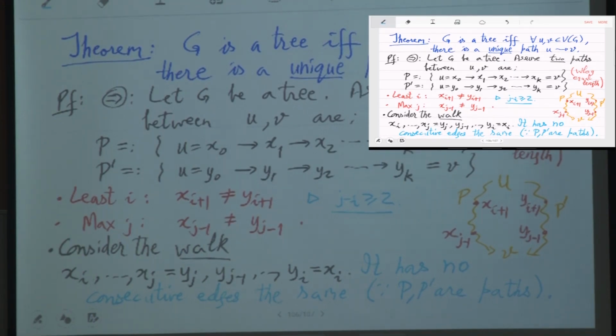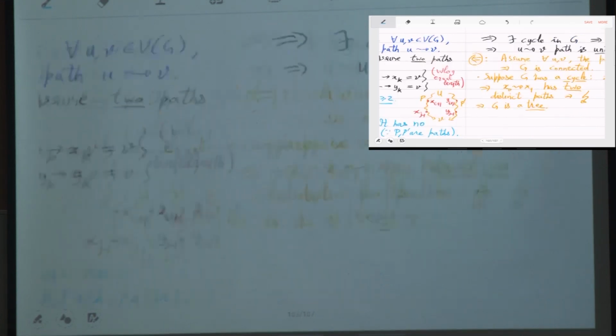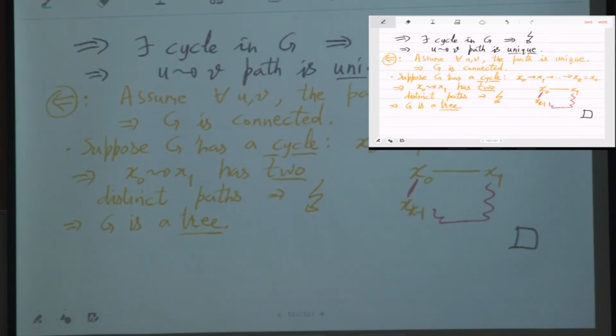I think the only case remaining is this single edge case, when path length is exactly 1, but that you can handle separately. As soon as you have 2 edges in the path, should be fine, whatever we have written. Okay, so I hope this answers all questions.